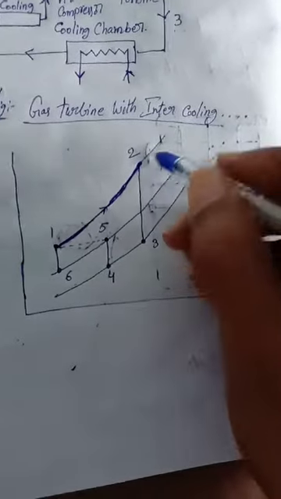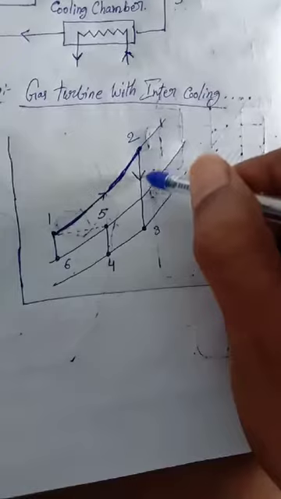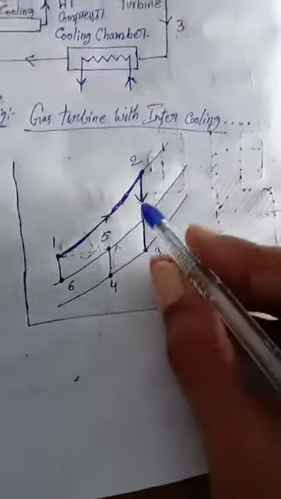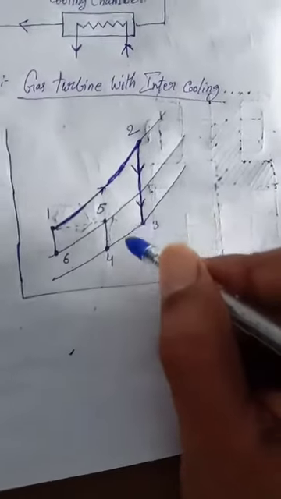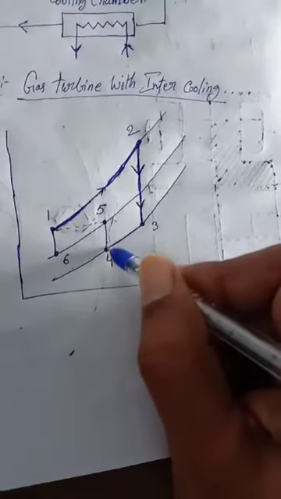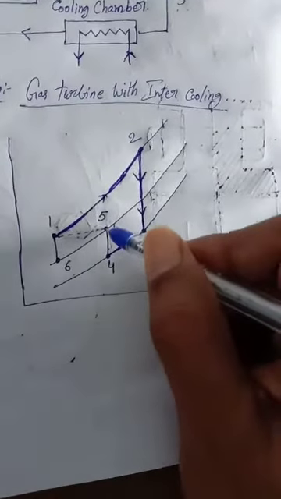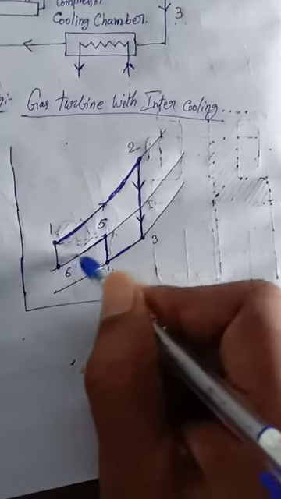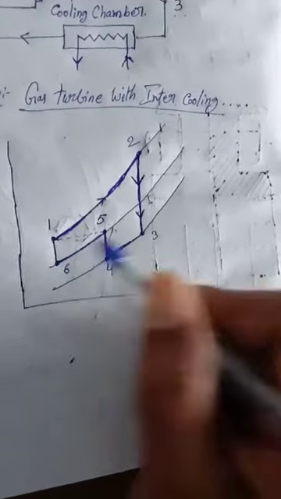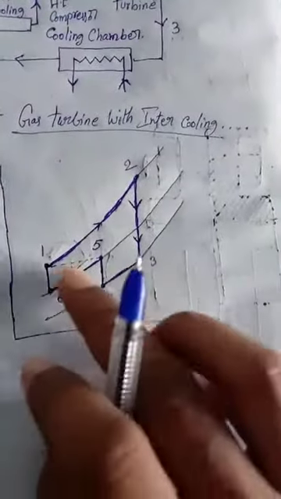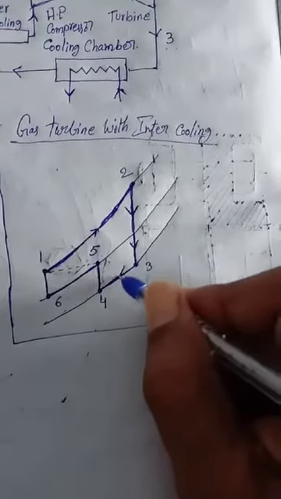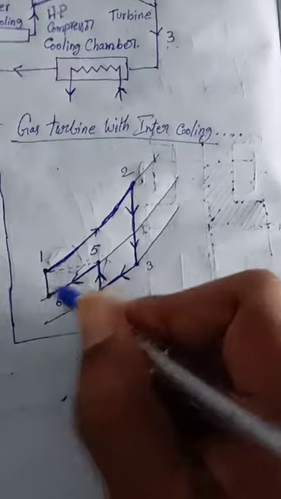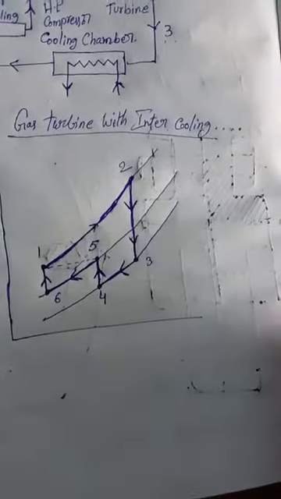I highlighted the lines. 2 to 3, 3 to 4, and 4 to 5, 5 to 6. And this. Look at this highlighted part. This is the curvature of this. And now 3 to 4, 4 to 5, 5 to 6, and then 6 to 1.